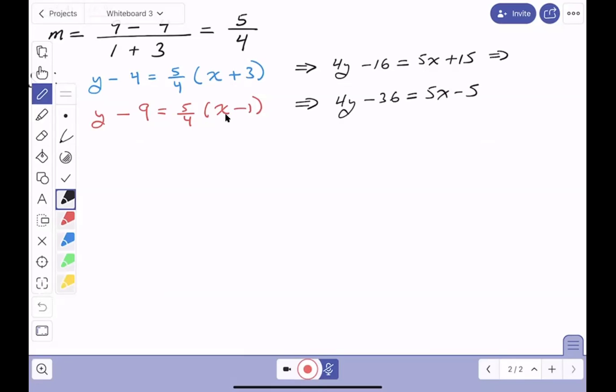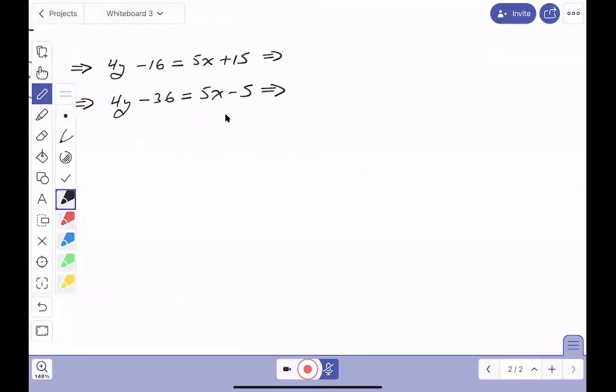I want to keep moving forward one step at a time. Look at the key later. So this would be 4y equals 5x. I've got to add 16 to both sides, so it'd be plus 31. Let me put this one down: 4y equals 5x. I'm going to add 36 to both sides.